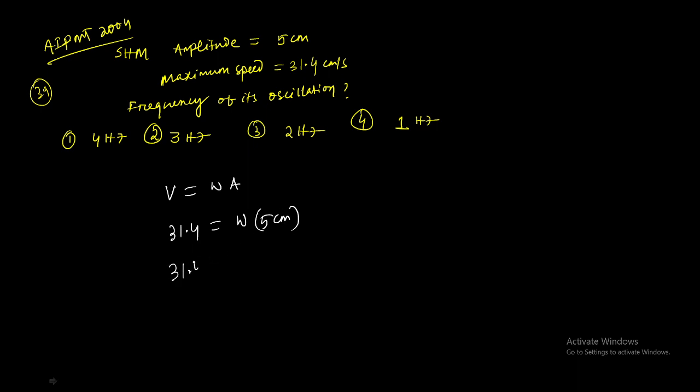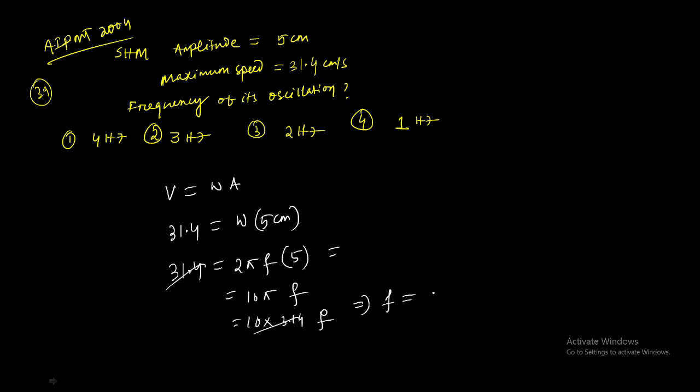So 31.4 equals 2 pi f into 5. So you have to find out the frequency now. So this will be 10 pi f. So 10 into 3.14 f. So 3.14 cancels out. So f will be simply equal to 1 Hz. So fourth option will be correct.